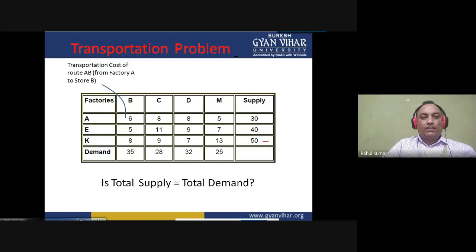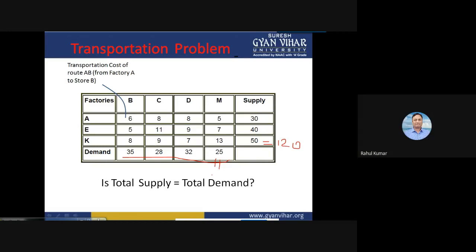For the demand, the summation of all these quantities is 35 plus 28 plus 32 plus 25, which is equal to 120.